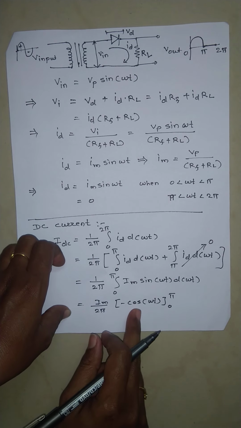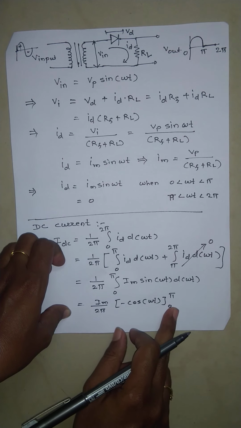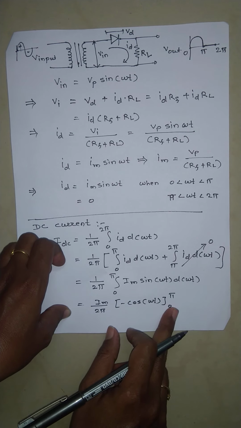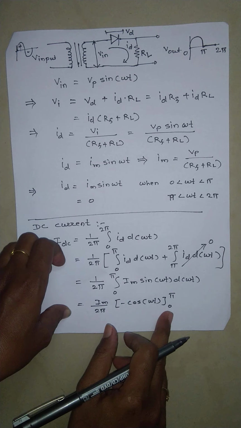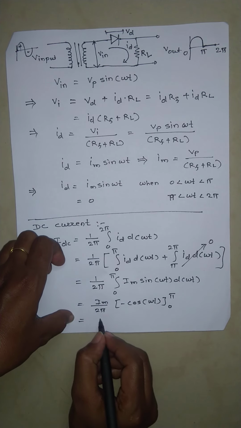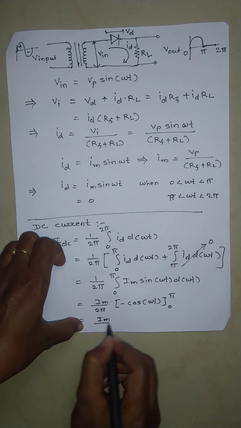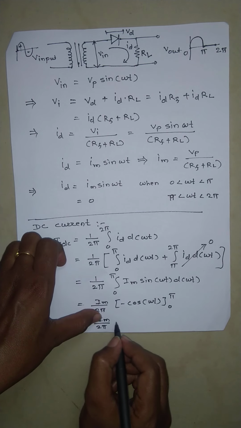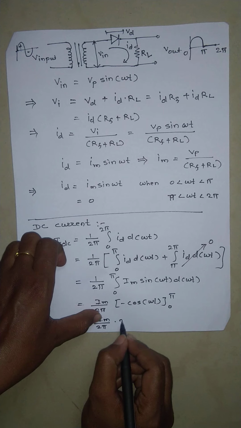So cos of pi is equal to minus 1, cos of 0 equals 1. So it will become Im by 2 pi into 2.